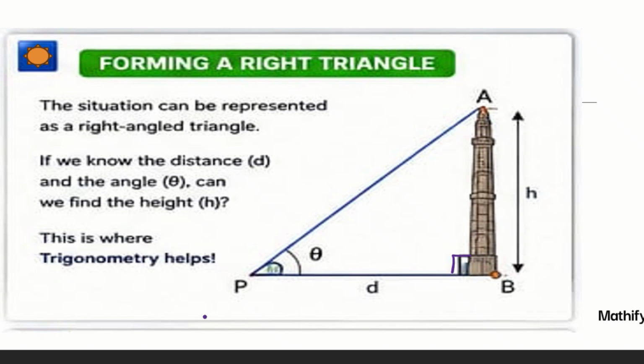If we know the distance D between you and the Qutub Minar, and the angle theta, which is the angle of elevation, then we can find the height h of the Qutub Minar. So this is where trigonometry helps.